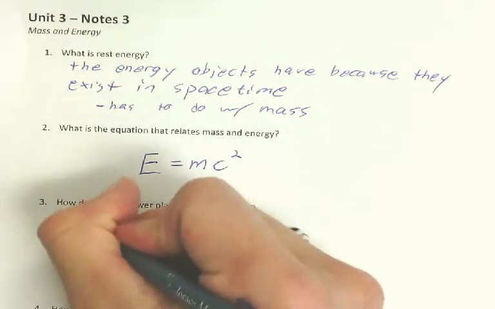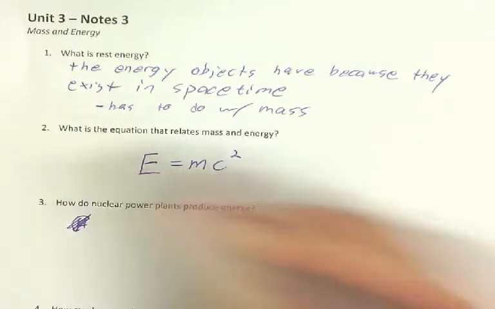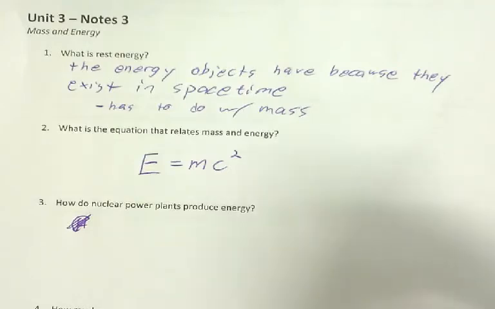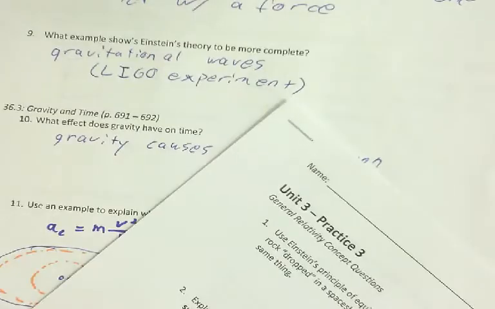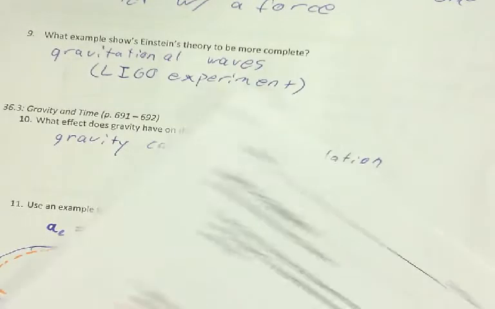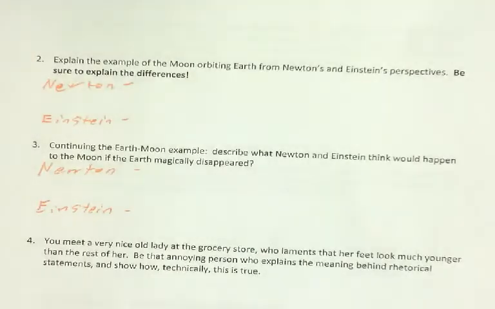So, how do nuclear power plants produce energy? Actually, I'm thinking the sun. I actually want to use the sun example for this. I'll change the question on the practice.